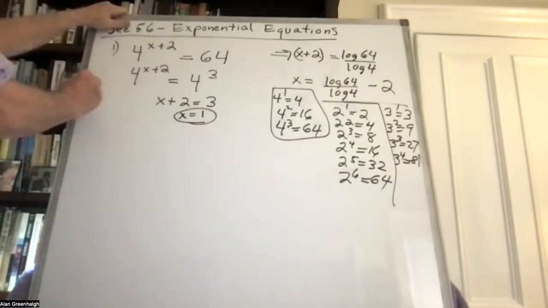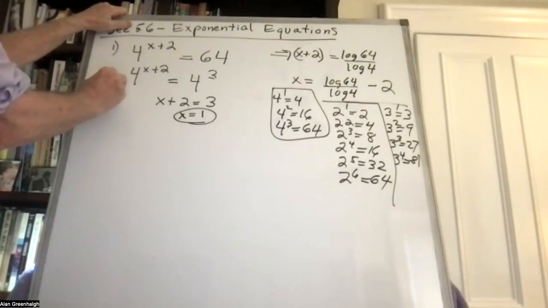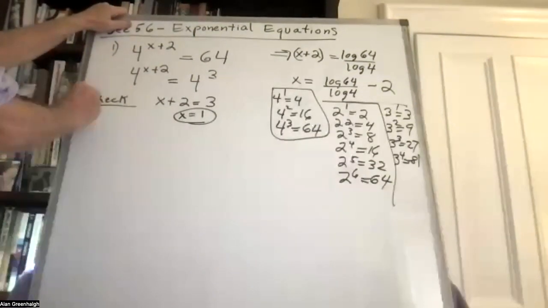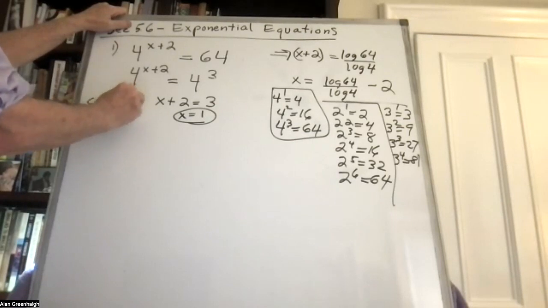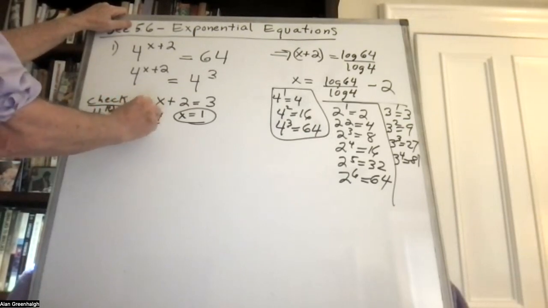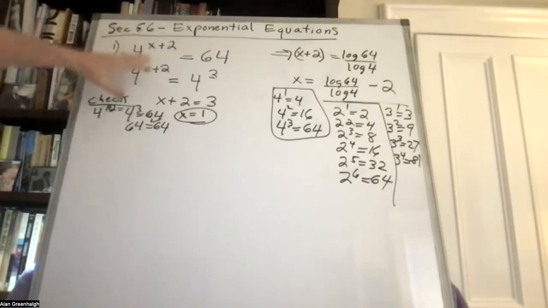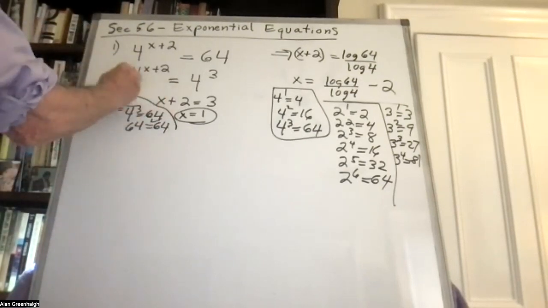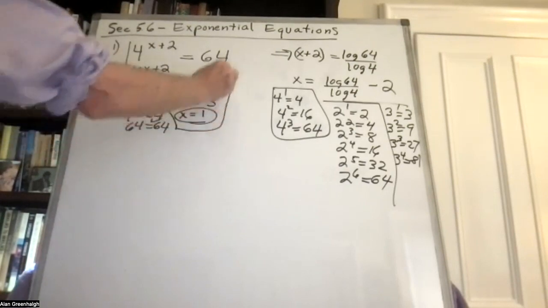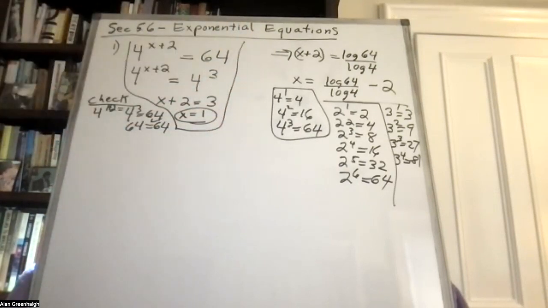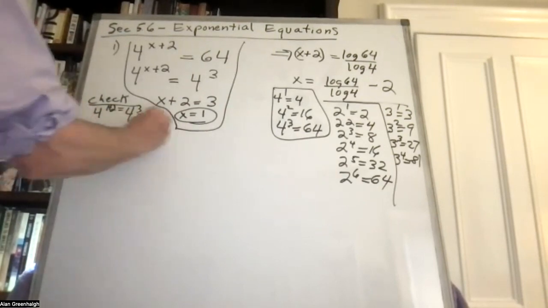And the check could be a very informal check of just saying, well, 4 to the 2 plus 1 plus 2 is equal to 4 to the third, which is equal to 64, and 64 equals 64. As long as you do something which helps you to have confidence that what you did was the correct solution.